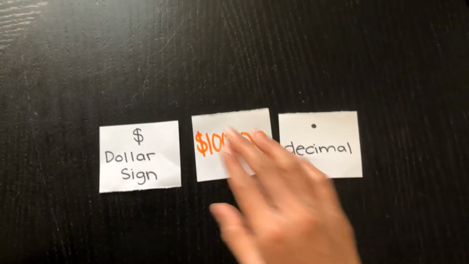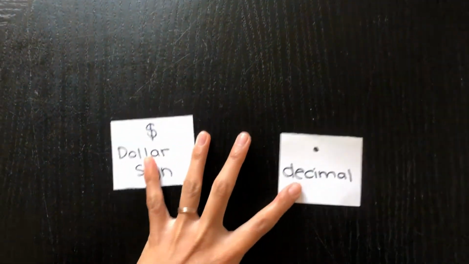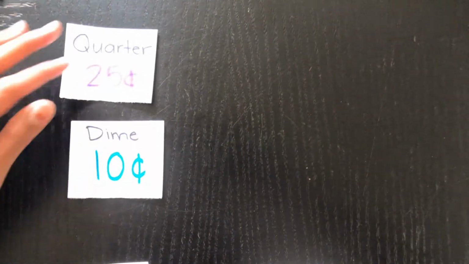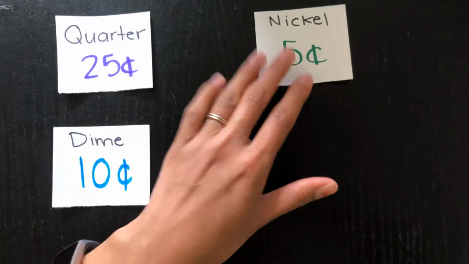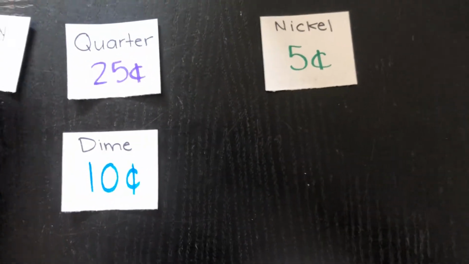Now that we know how to use the dollar sign, we are going to look at our coins one last time. We have the quarter, we have a dime, we have our nickel, and we have our penny.